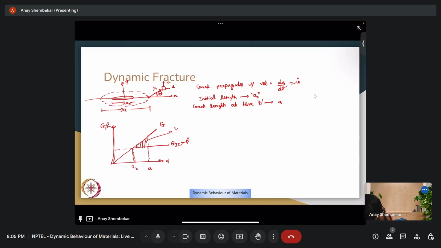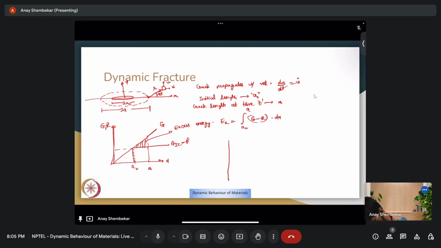So you have an excess energy which is given as ER is equal to integral from AC to A of (G minus R) dA, and with R as constant, you can juggle things around and then get how the energy release rate, excess energy changes with time.